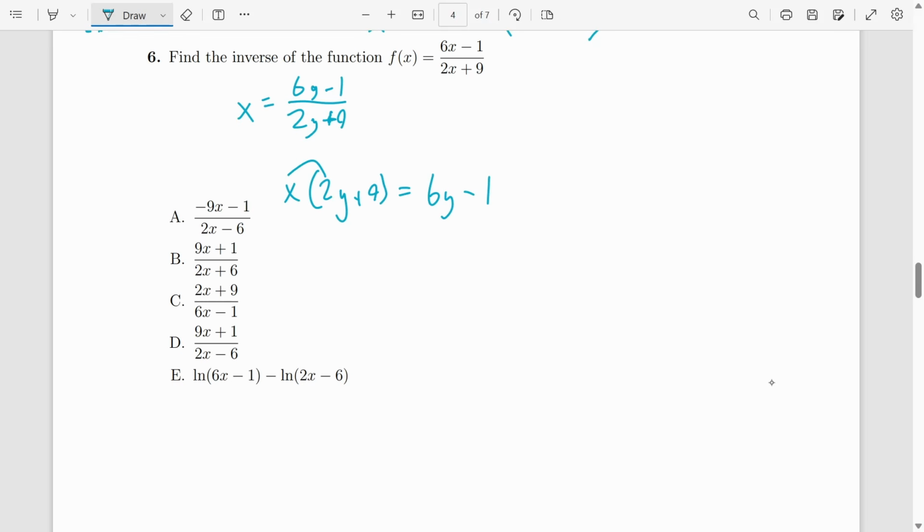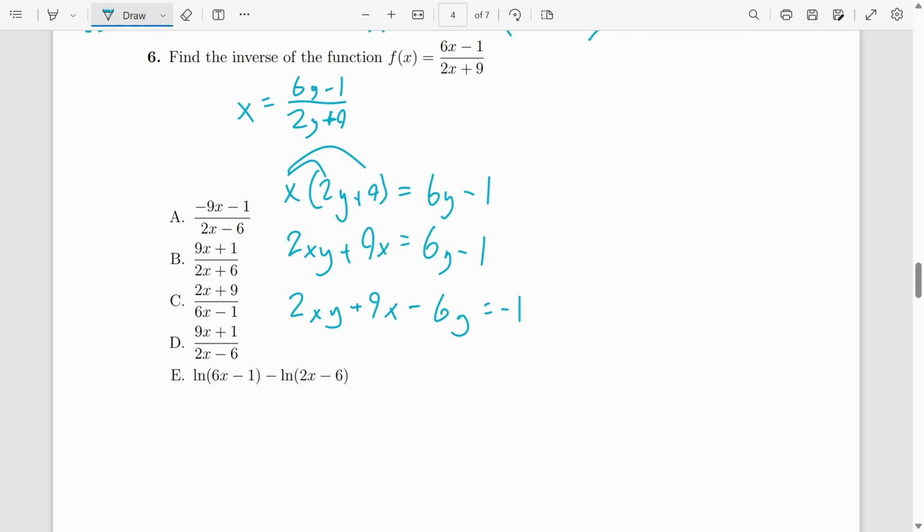Let's distribute this x and multiply it out. So this is now 2xy plus 9x equals 6y minus 1. Let's go ahead and subtract 6y from both sides. We're going to try to get all of the y terms on one side. So this is 2xy plus 9x minus 6y equals negative 1.